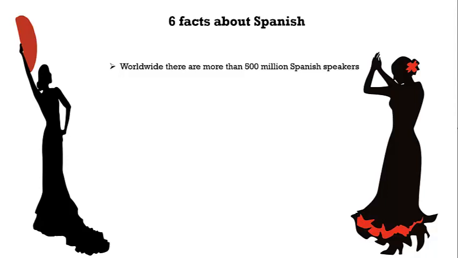Within the United States, it is widely spoken in Texas, New Mexico, Arizona, California, New York City, and South Florida. It is one of the 6 official languages of the UN, and after Mandarin Chinese, it is the most spoken language in the world because of the number of people who have it as their mother tongue.